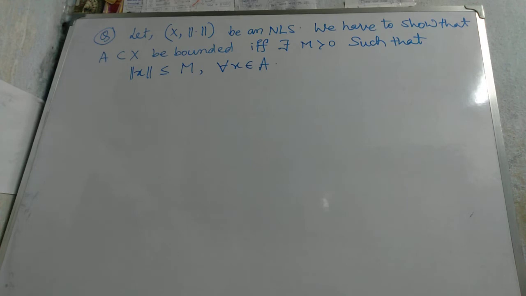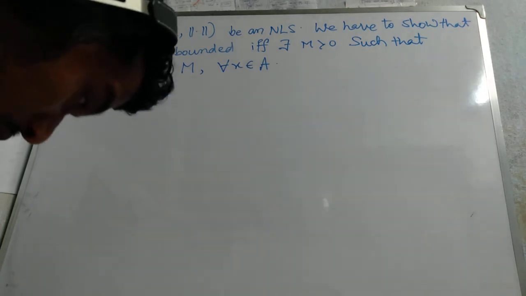Now let X be a normed linear space. We have to show that a subset of X is bounded if and only if there exists m greater than 0 such that norm of x is less than or equal to m.